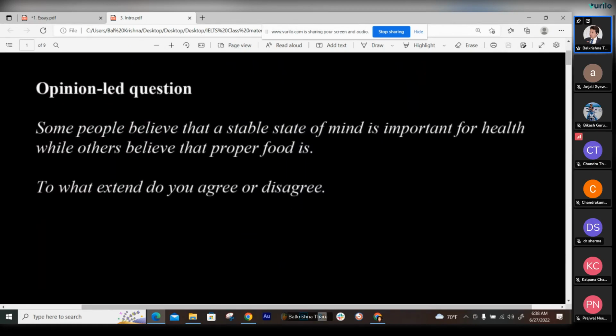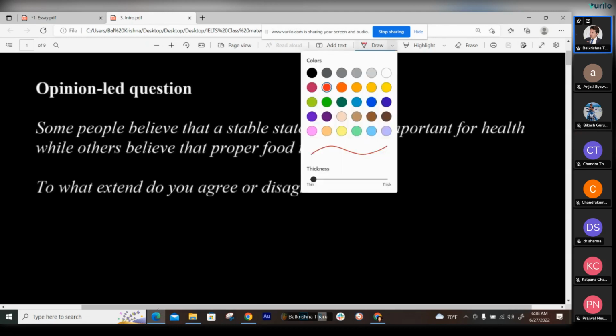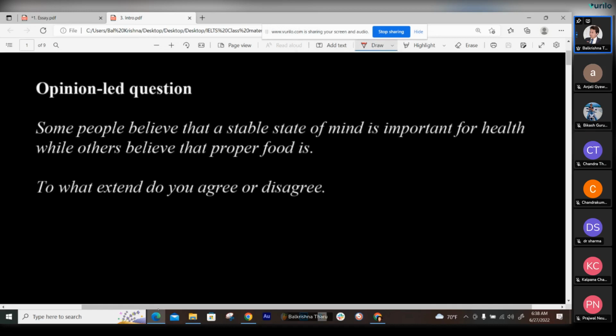Now, let's start our beautiful day with this beautiful question. Some people believe that a stable state of mind is important for health, while others believe that proper food is.